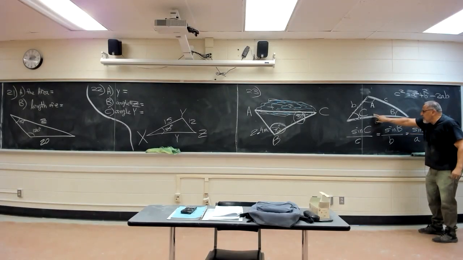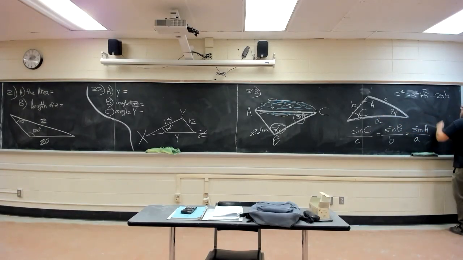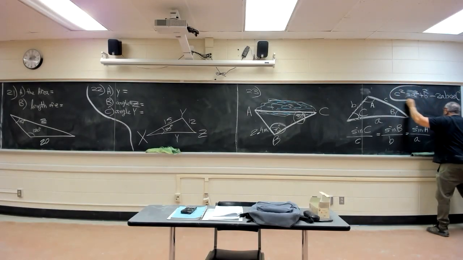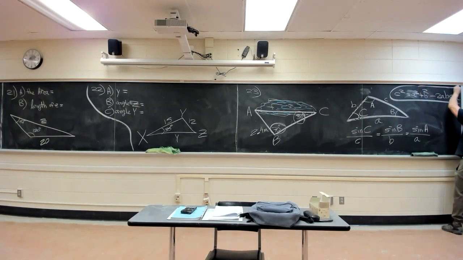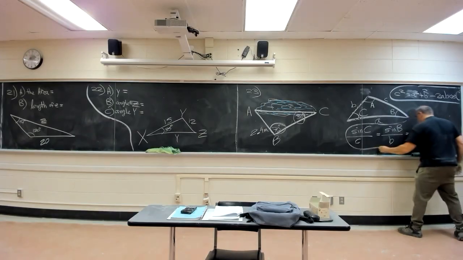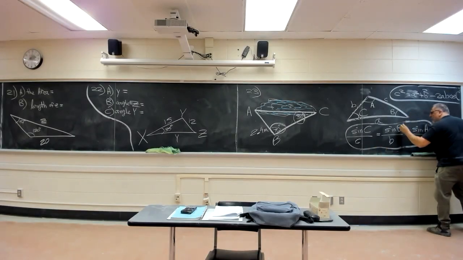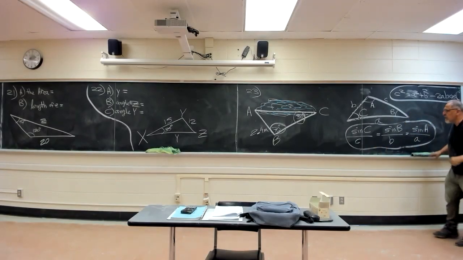What's opposite the C? Big C, right? 2ab cosine big C. That's the law. This is the law of cosines. Law of cosines, law of sines. And that's going to help us figure out what we're doing.